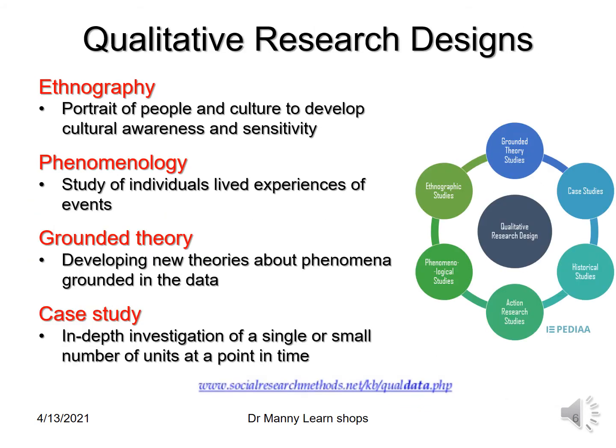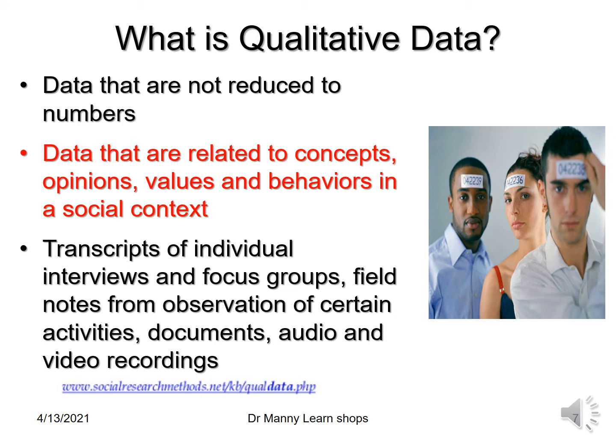What are some of the research designs which we've covered previously? The 4 most common ones are ethnography, phenomenology, grounded theory, and case study evaluations. So what then is qualitative data? This is data that's not reduced to numbers.